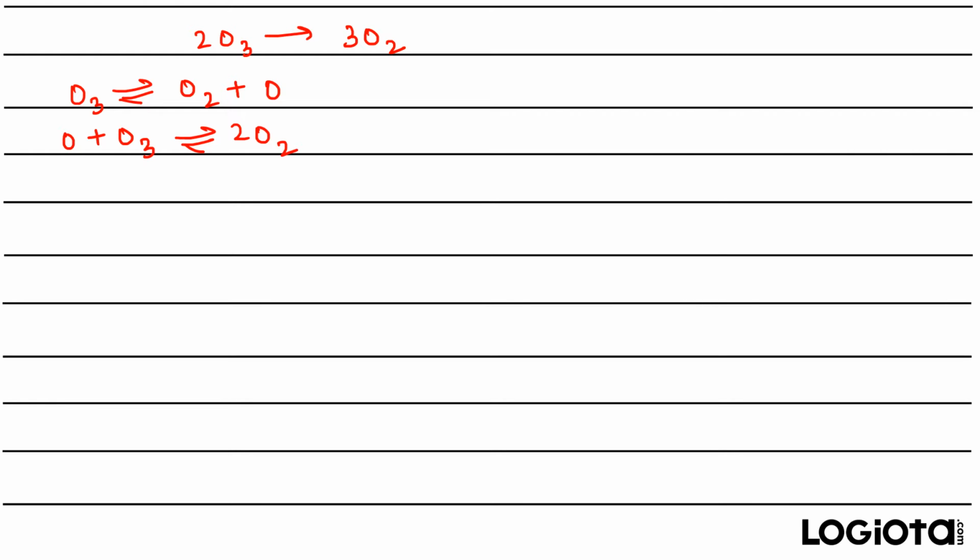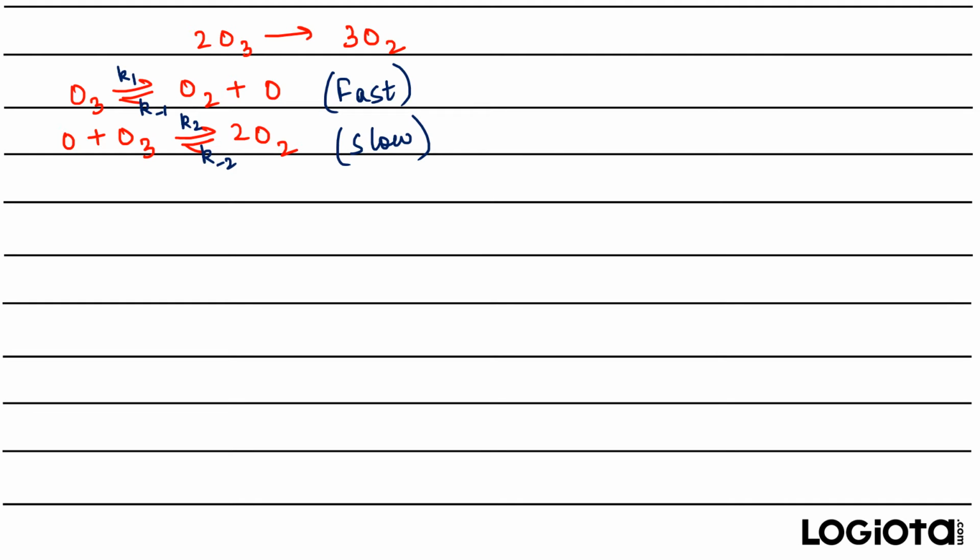Now to write the rate law for this, we will put the rate constants here. Suppose the first reaction has forward rate constant k1 and the reverse k minus 1. Similarly for this one it is k2 and this is k minus 2. And out of these two steps, this one is the fast step and this one is the slow step, right?